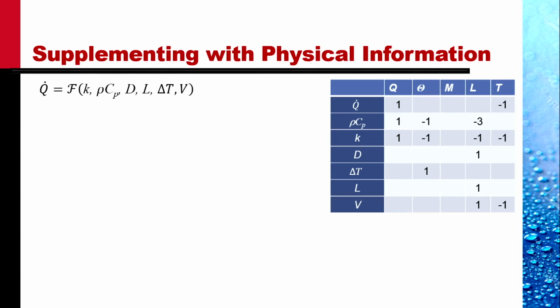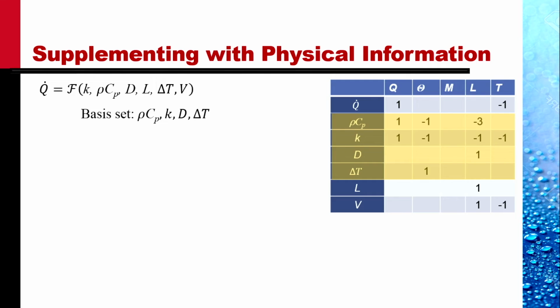We construct the table of dimensions again. Since there are 4 basic quantities involved in the basic set, we choose rho Cp, K, D and delta T as the basic quantities, highlighted with the yellow tint here.